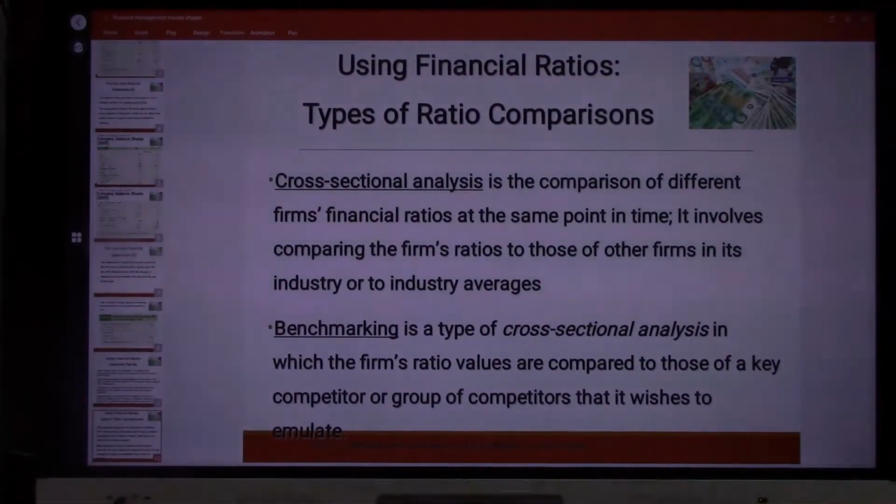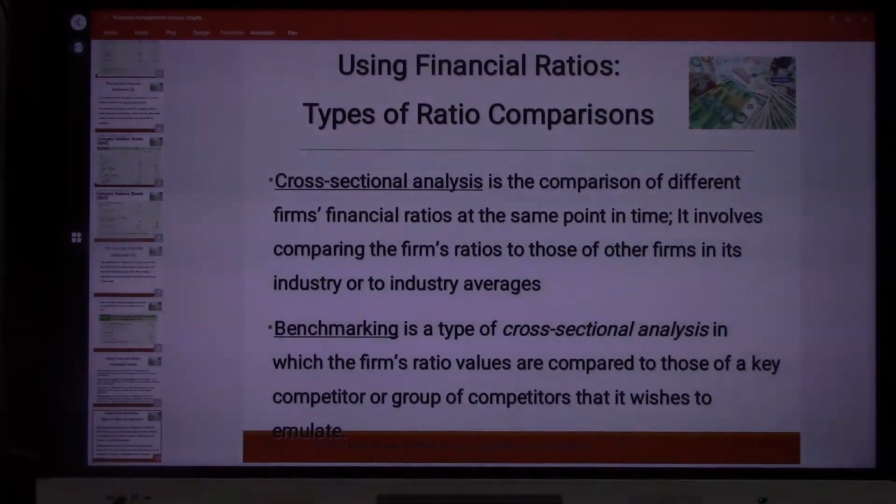How could we conduct the financial analysis using financial ratios? Actually, we have different types of ratio comparison. The first type is called cross-sectional analysis. Cross-sectional means we compare different financial ratios at the same point in time.